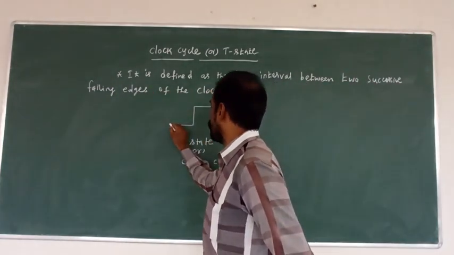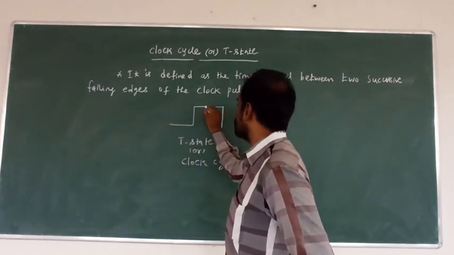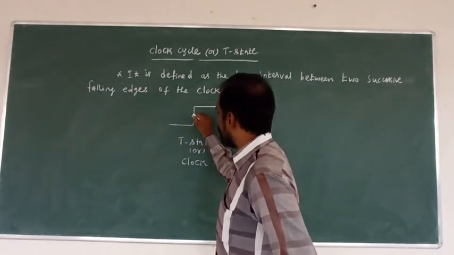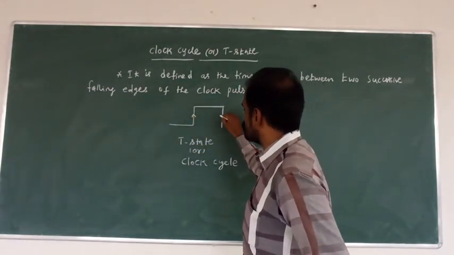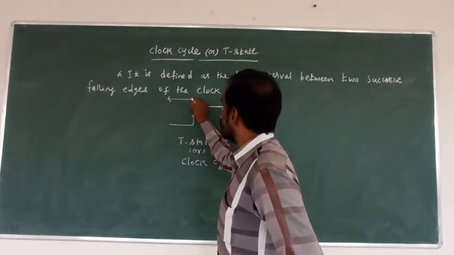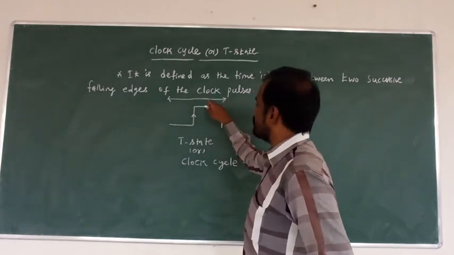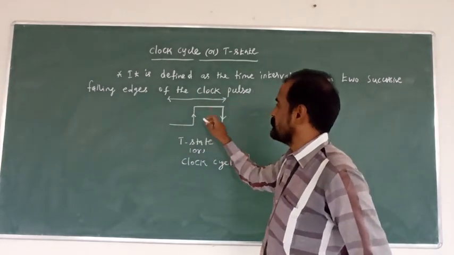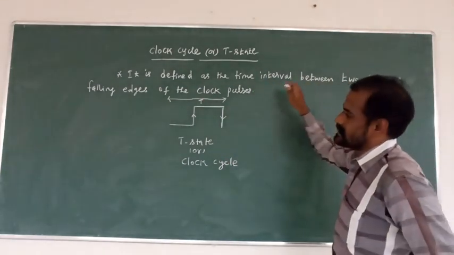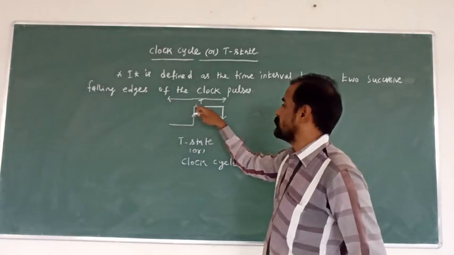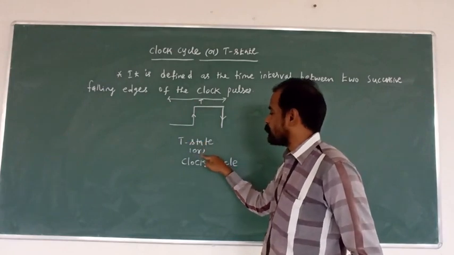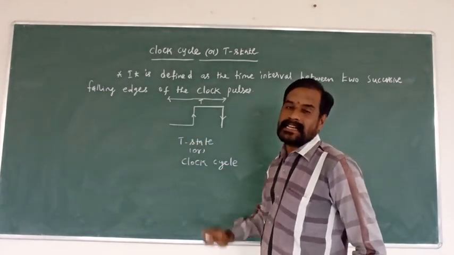This is for one falling edge and this is for another falling edge. This is for low pulse to high pulse and this is for high pulse to low pulse. The total interval between two successive edges, one off and one on, represents one T state or one clock cycle.